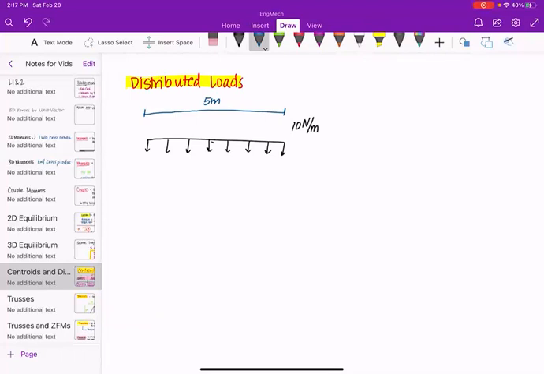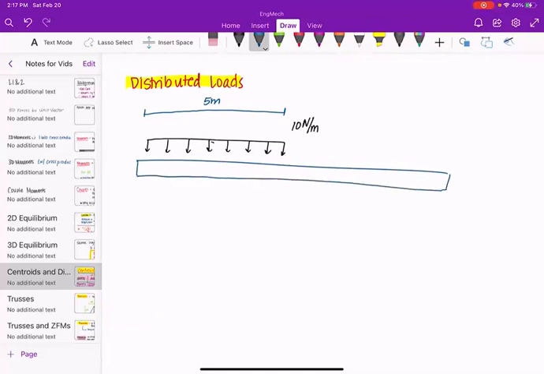Basically, if I'm trying to solve an equilibrium problem using a free body diagram, I can't solve it as it is right now. Regardless of what other information I have, the supports will go away, but what still is there is this distributed load.